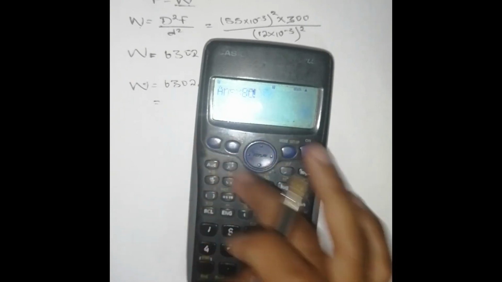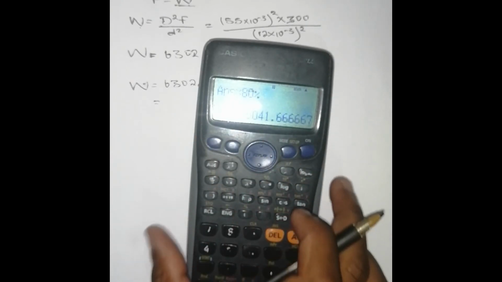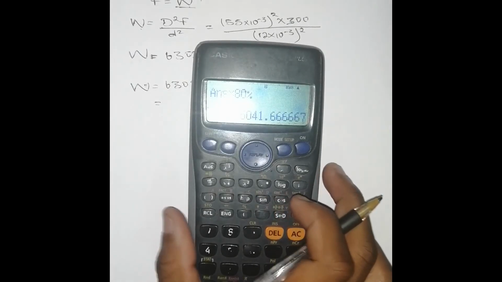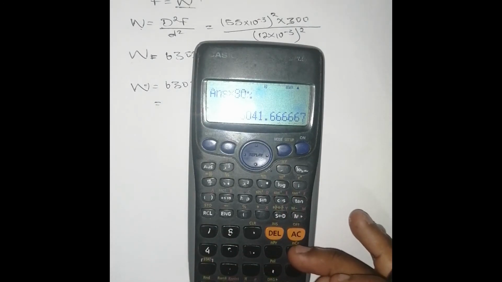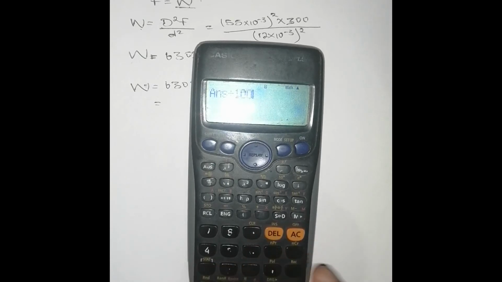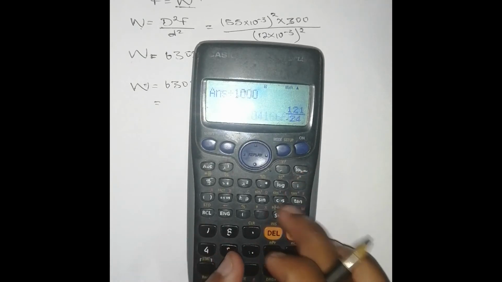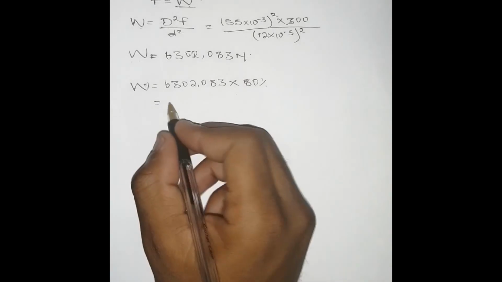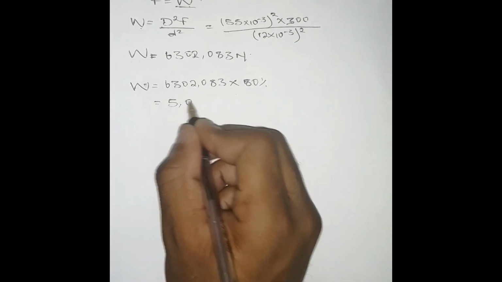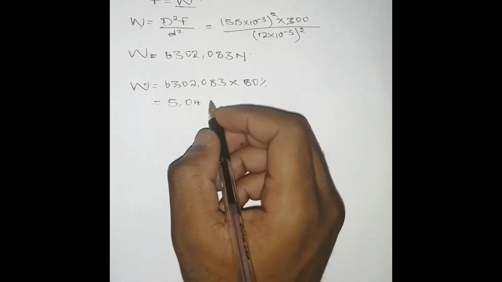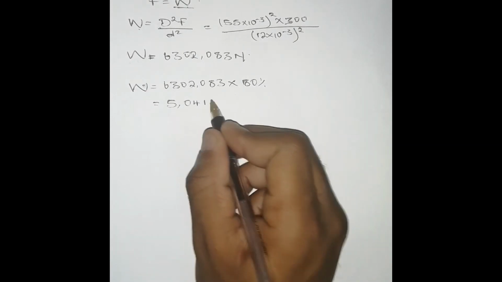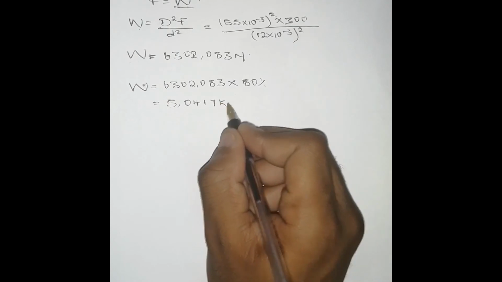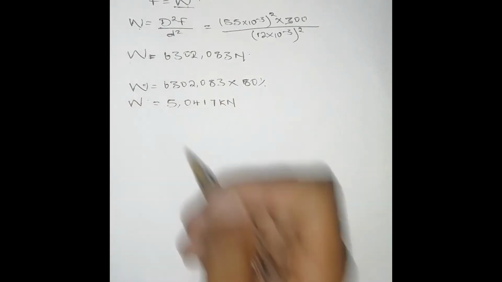So that times 80% is going to give us 5,041.66. We are told to represent it in kilonewtons, so we divide by 1,000 and we get 5.0417 kilonewtons. That's question 4.3.